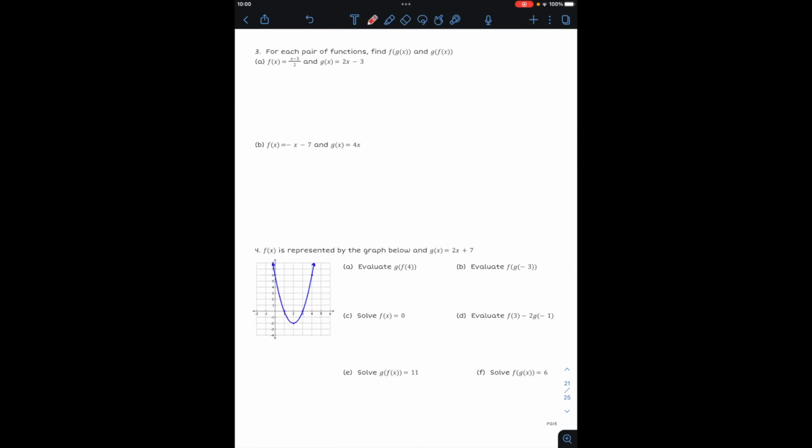Here we're going to evaluate composition of functions. This is a really handy tool for finding if functions are inverses. So it says find f of g of x and g of f of x. So first I will do f of g of x. That means I'm plugging g into my f function in place of x.